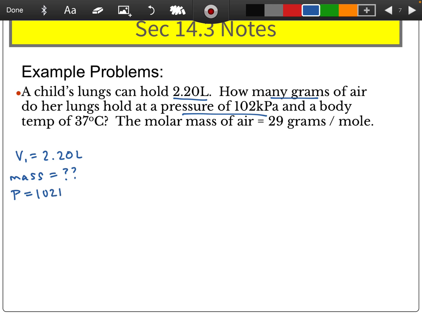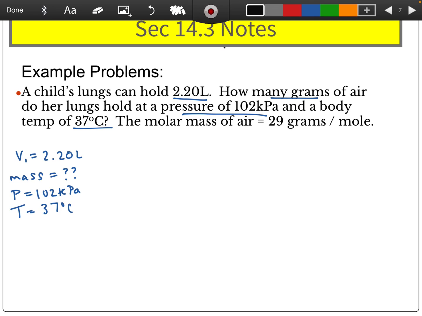So we have a pressure of 102 kPa. And a body temperature of 37 degrees Celsius. All right, and then we have the molar mass of air is 29 grams per mole.